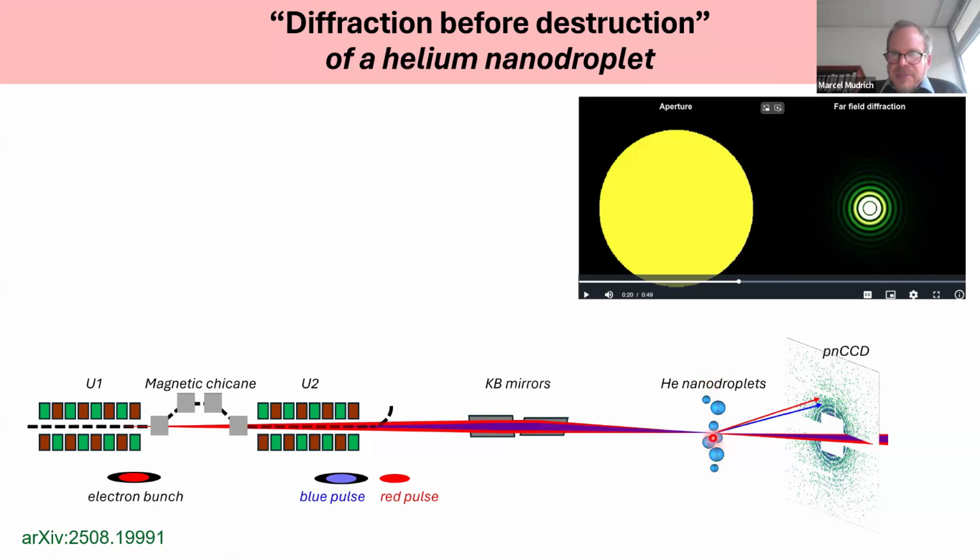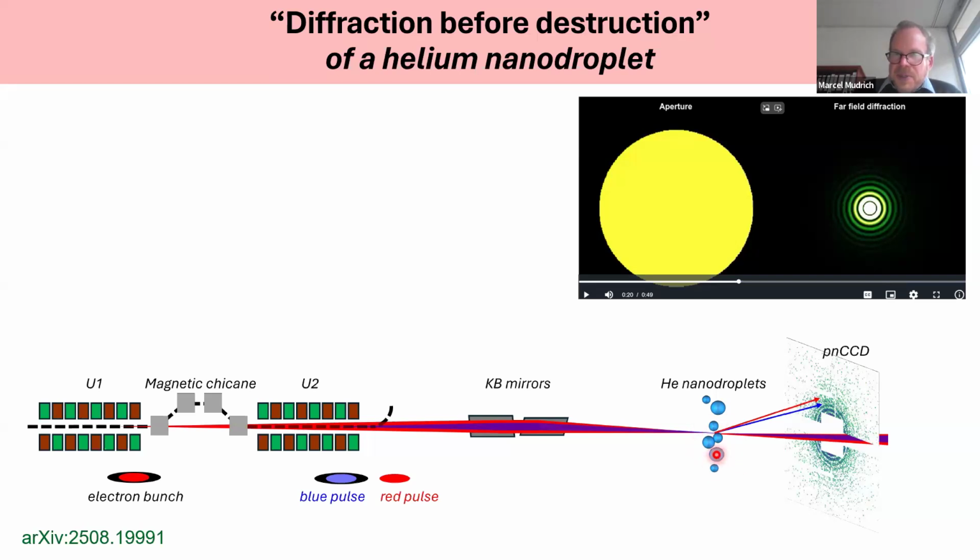And it turns out that these helium nanodroplets have many interesting properties. But one property is that these helium droplets are really nearly perfect little spheres with sizes between, let's say, 10 and 100 nanometers.